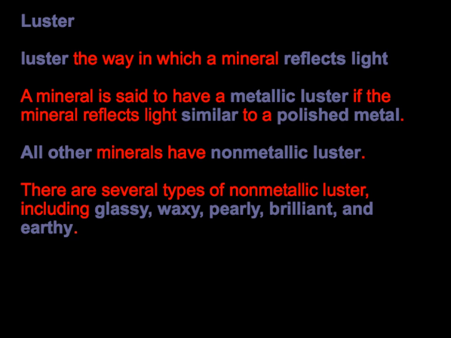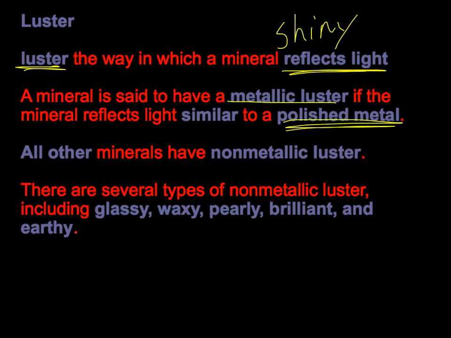Another really easily observable property is luster. And luster is how it reflects light, or how shiny it is. All right, we like shiny things. So something with a metallic luster looks very shiny, like a polished metal. Other minerals tend to have non-metallic lusters, and there are different ones.